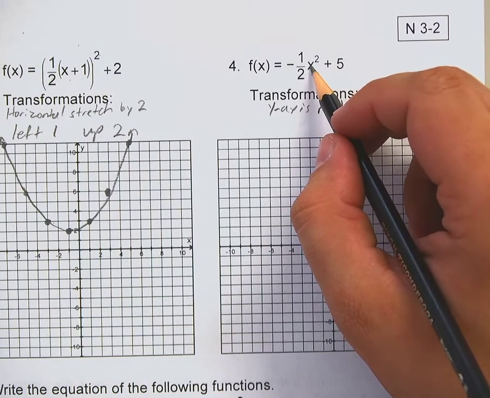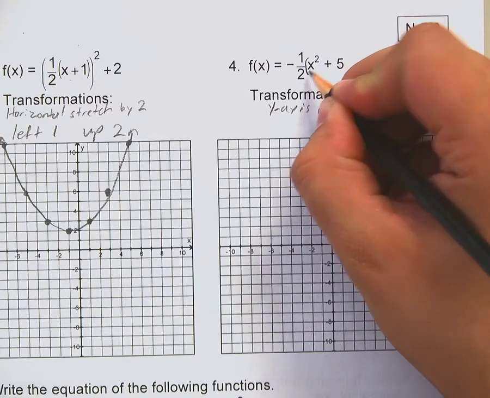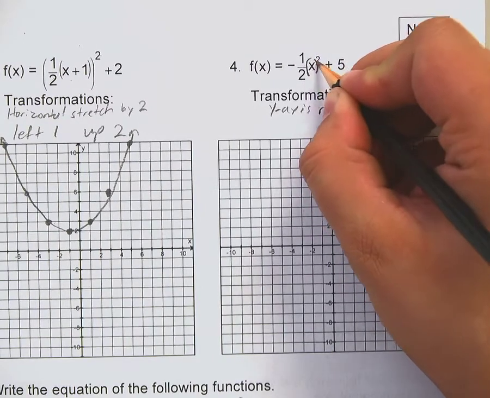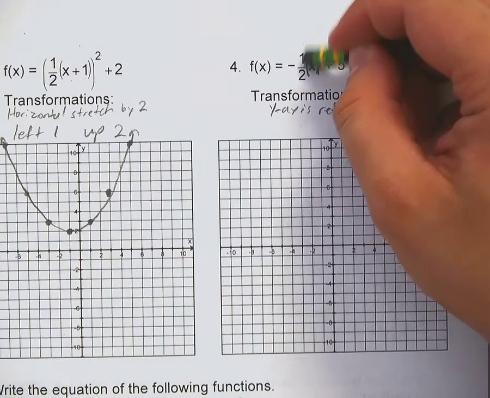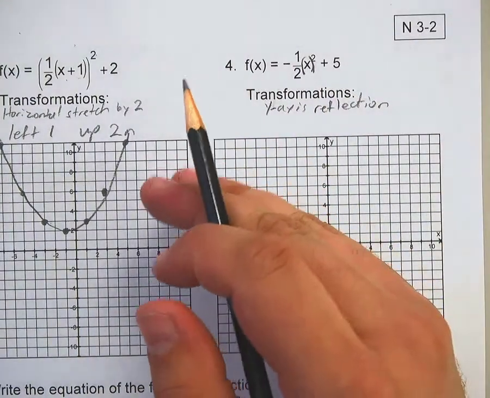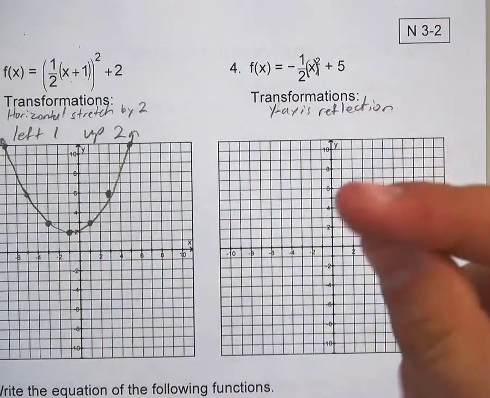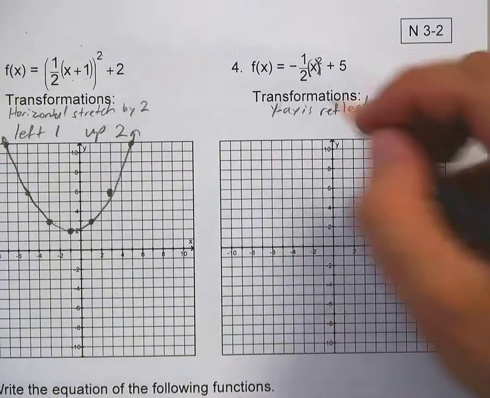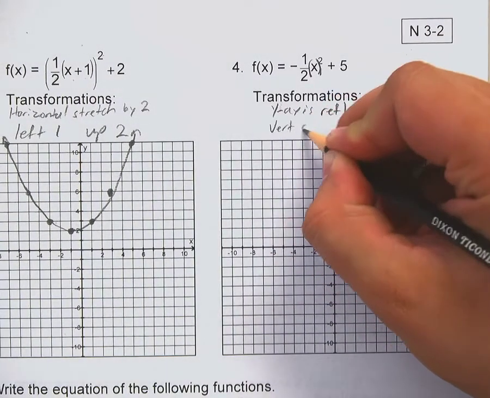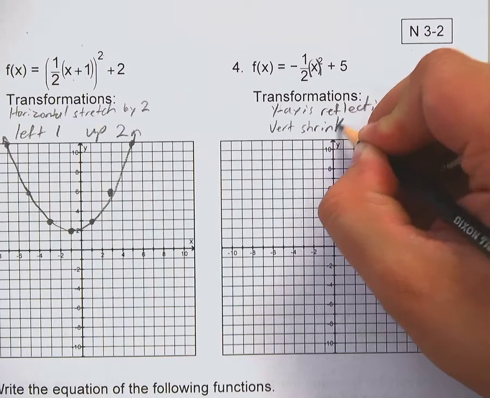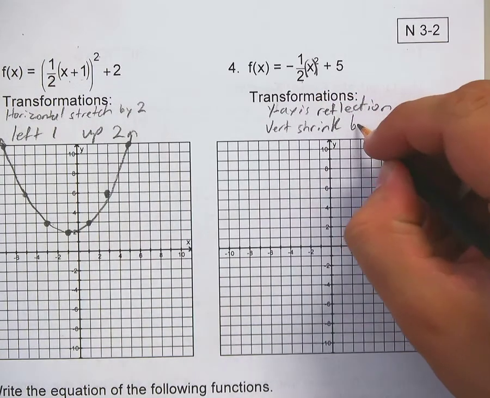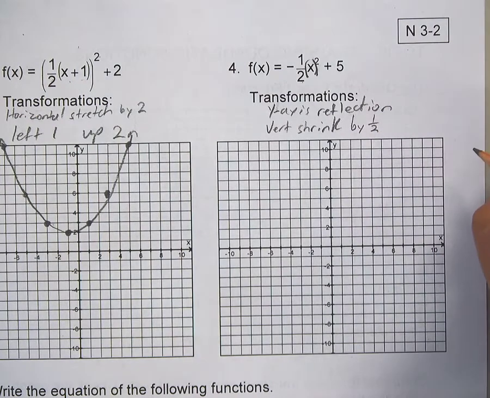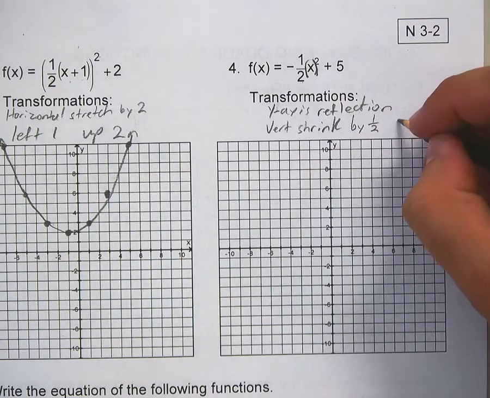Do you see this here? This is outside of what the square is affecting. The square is affecting just the x itself. Since it's outside, it's a vertical shrink. Automatically, I know it. It's a vertical shrink, because it's 1/2. We're dividing by 2. And then it's up 5.